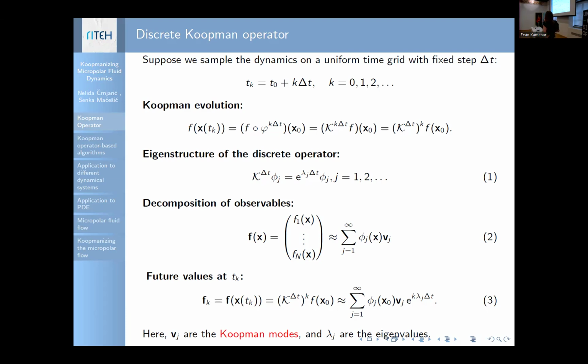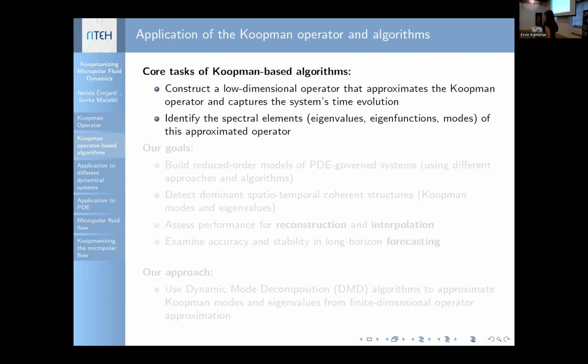Here, Vj are actually the Koopman modes, and lambda j, as I already said, are eigenvalues. So what is the task of DMD and other approximating algorithms? Their task is to construct a low-dimensional operator that approximates the Koopman operator and captures the system's time evolution.